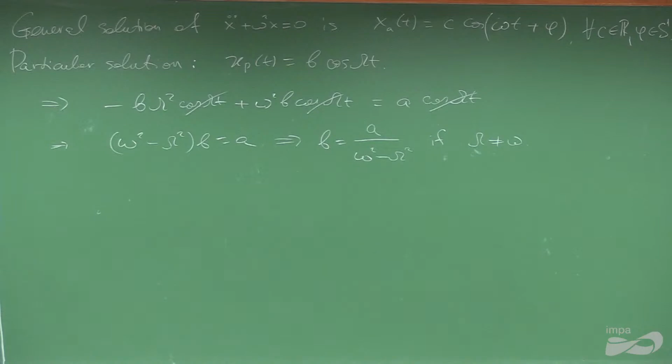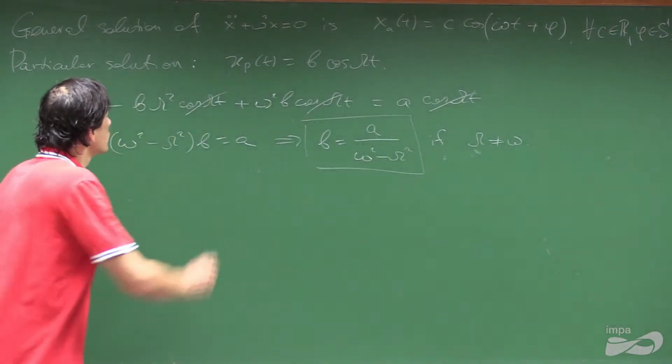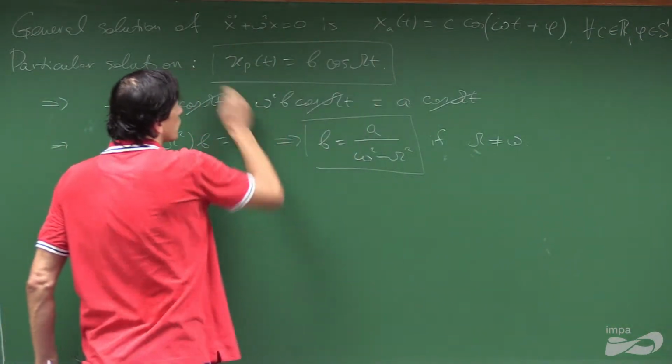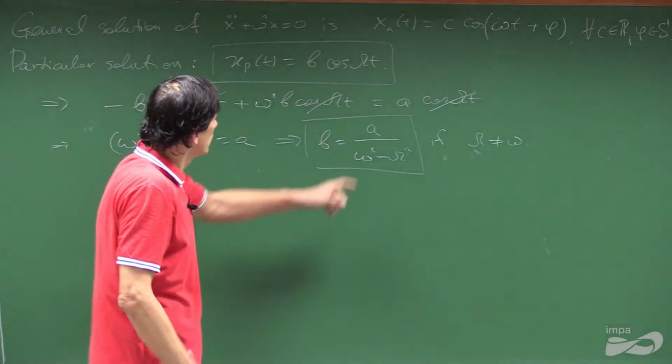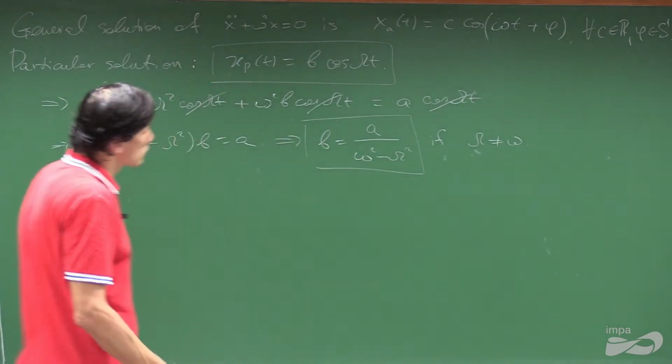So we found a particular solution in this form with a coefficient b, which is given by the amplitude of the forcing and the difference of squares of the frequencies.